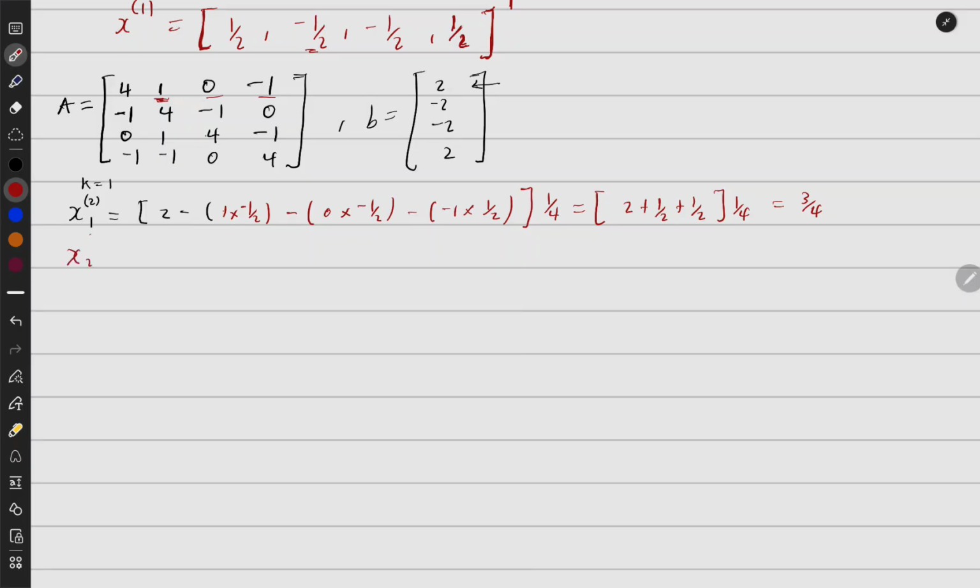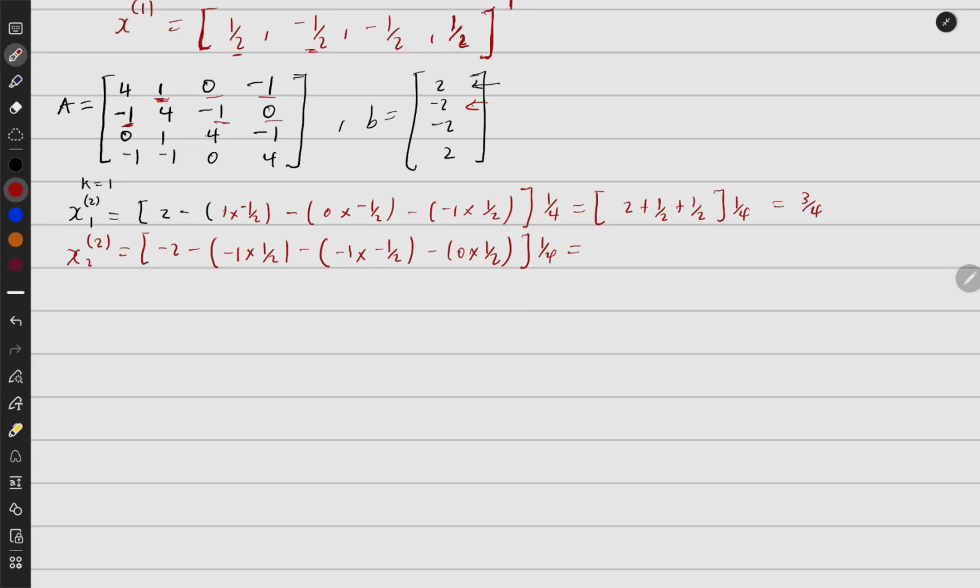Then we do x2. For x2, I use this and 0. The first bit is negative 2. So negative 2 minus, this is negative 1 times the corresponding value, which is a half, minus negative 1 times the corresponding value, which is negative a half, minus 0 times the corresponding value, which is a half.